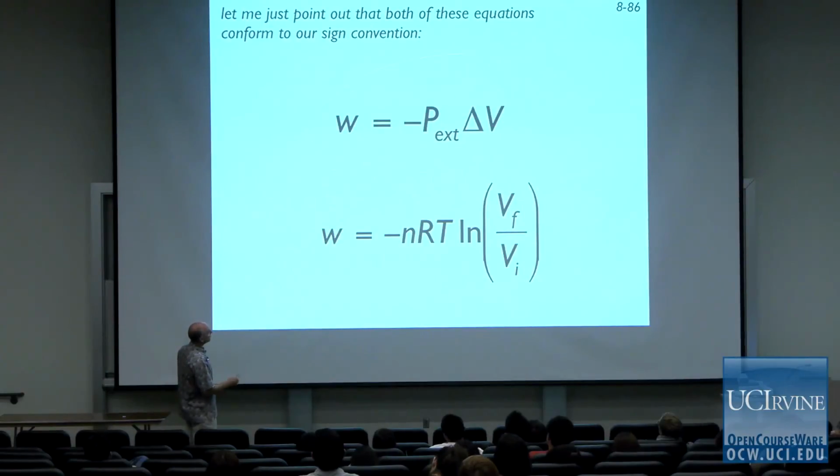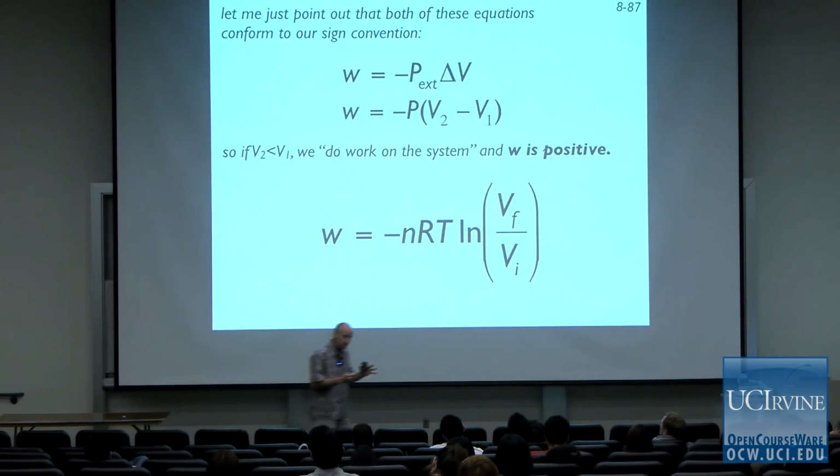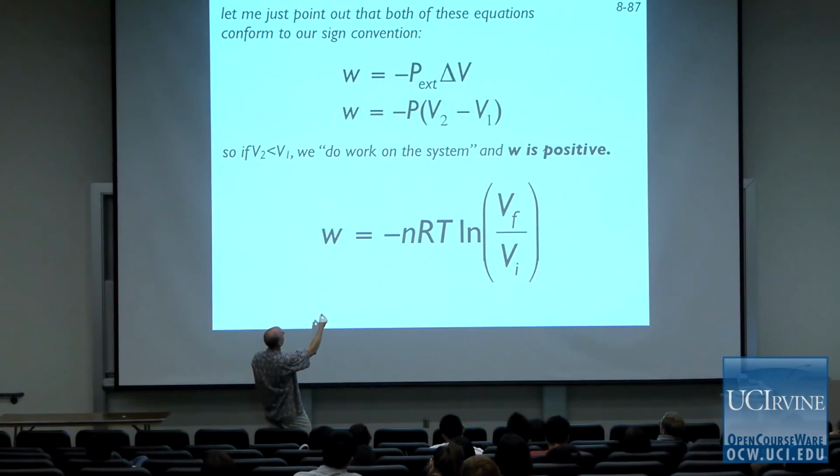But now we got this equation for work. Do they both agree in terms of the sign, because we've got to pay attention to the sign. Well, I already mentioned that if the volume gets smaller, work is positive. You can see that that's true here, because if V2 is smaller than V1, then this is going to be negative. That'll cancel that negative sign, and I'm going to get a positive work.